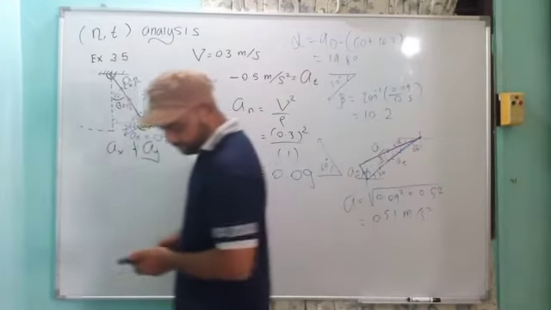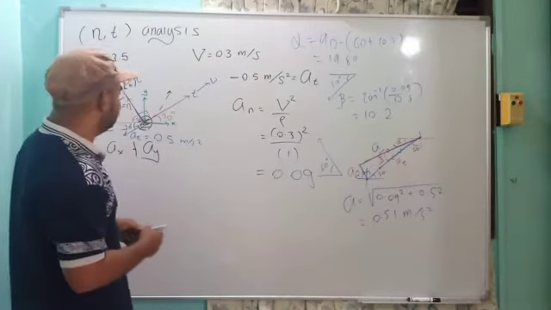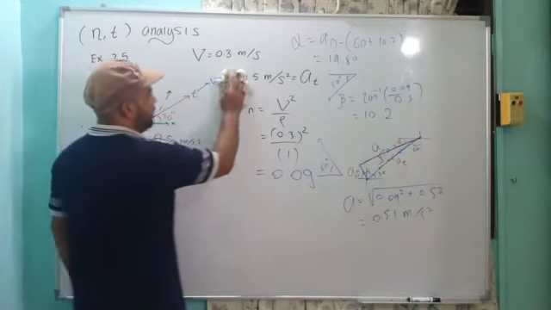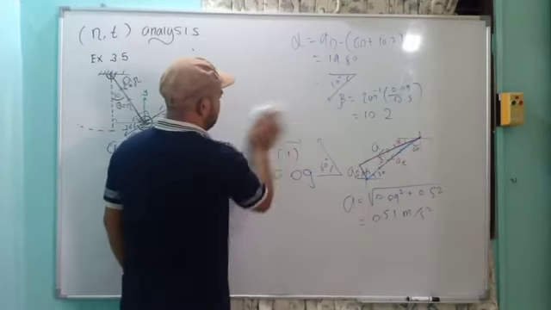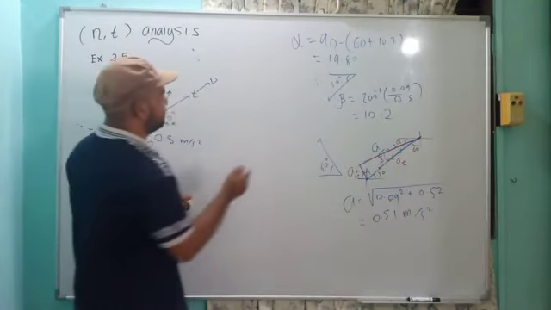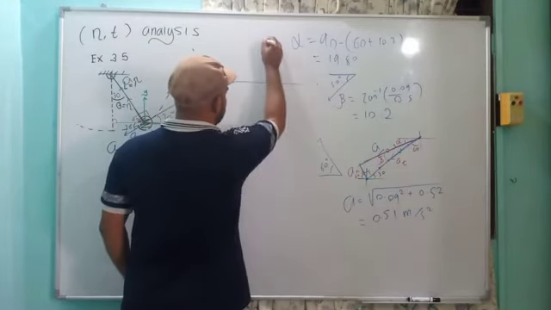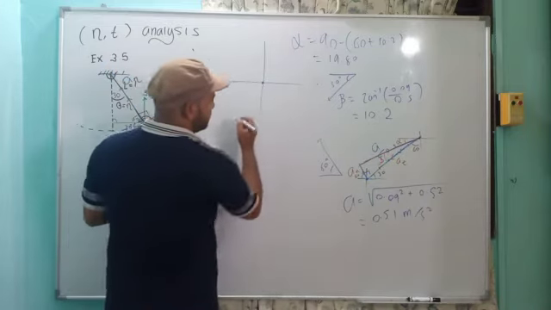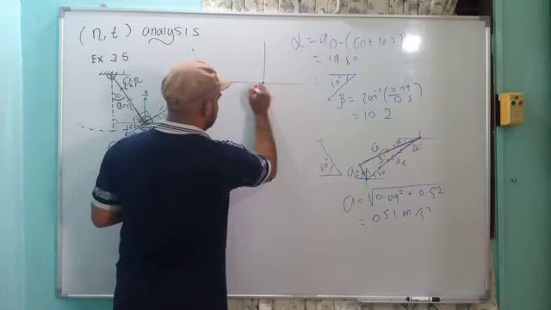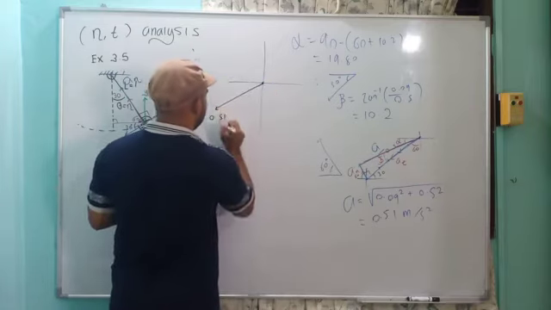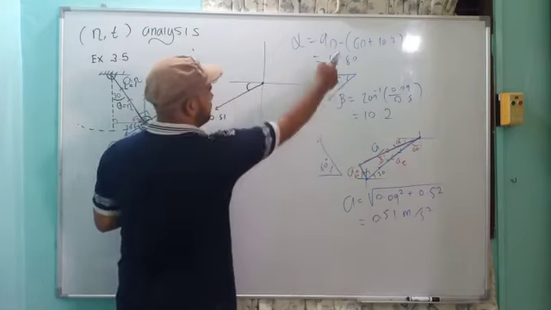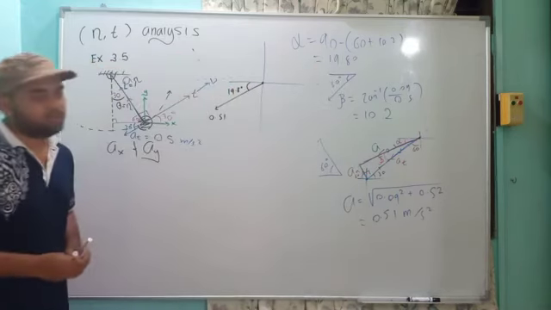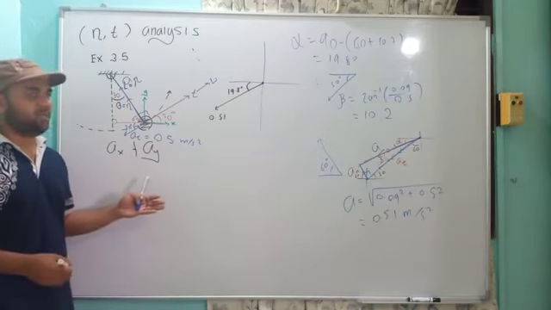So 19.8 degrees, the value is there. Okay, erase all the other things. This is your A, from this. Your A is 0.51, and the angle here is 19.8. So now you have the A, direction and magnitude.